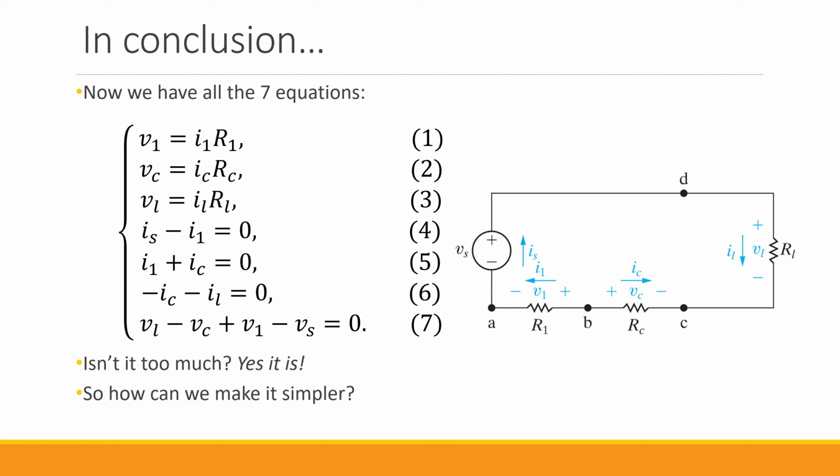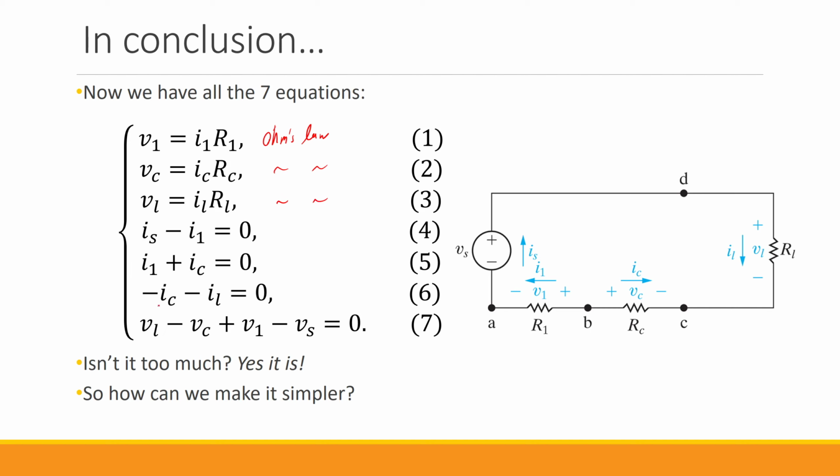Let's summarize all of these equations. The first one, we have V1 equals I1 R1. That is based on Ohm's law for resistor 1. The second one and the third one also are based on Ohm's law.